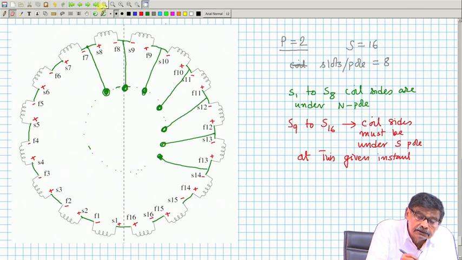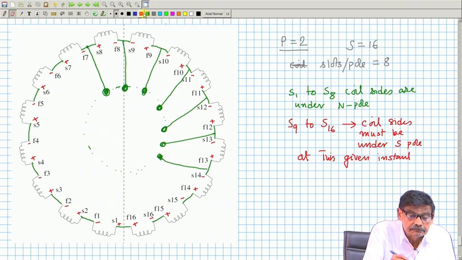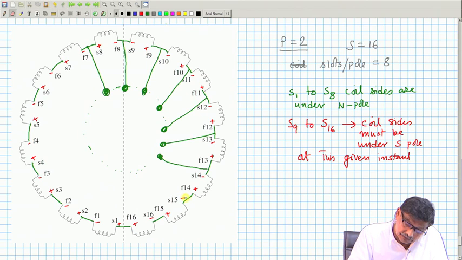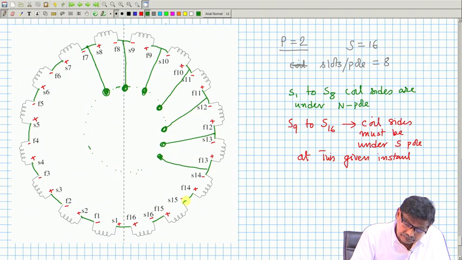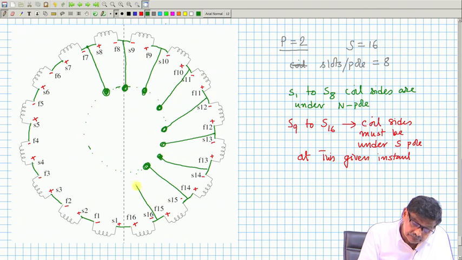And this is how I will complete the diagram. Like this.